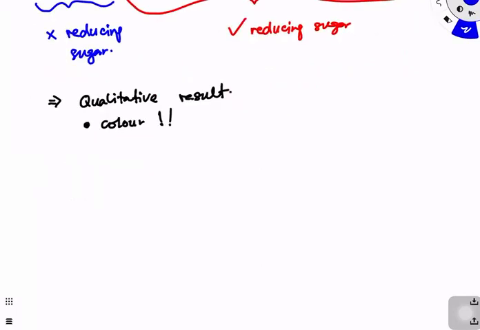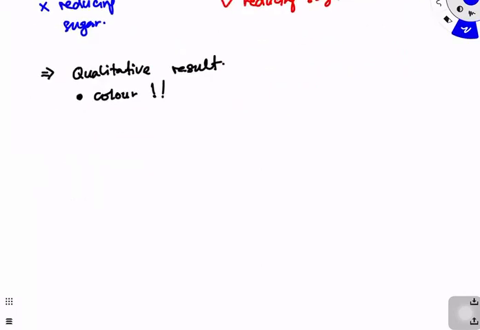So one of the criteria of a qualitative result is that there is no measurement. Are you clear? When there are no measurements, we have this subjectivity: different people will have a different perspective or different judgment in terms of the color, in terms of intensity.